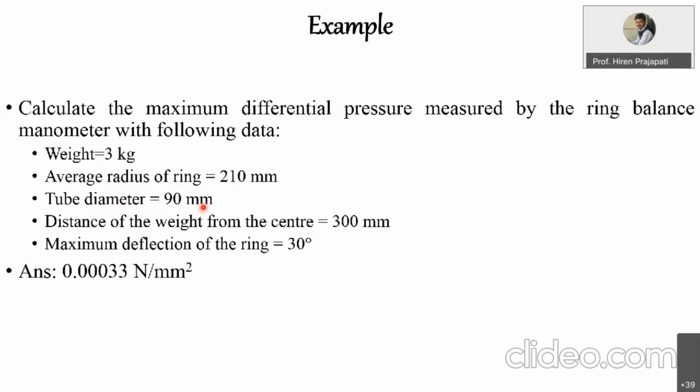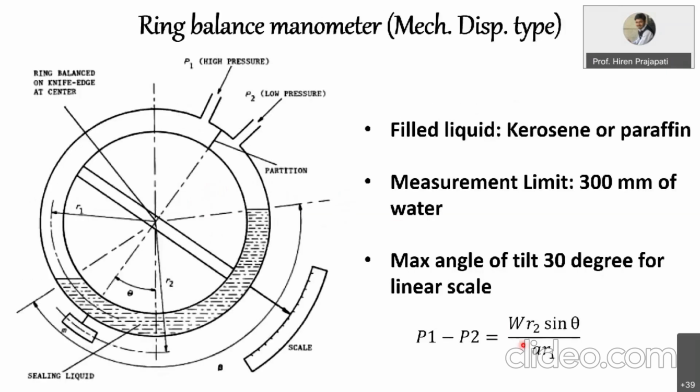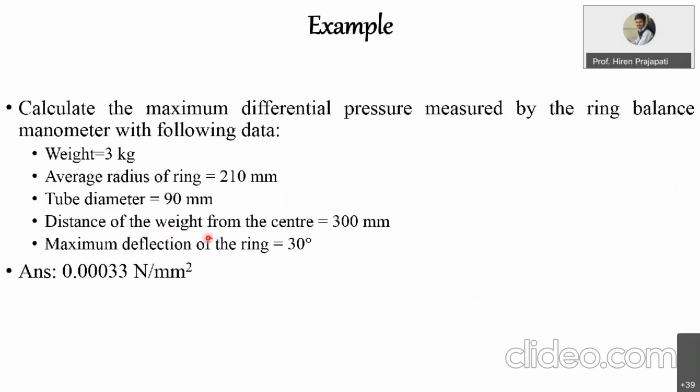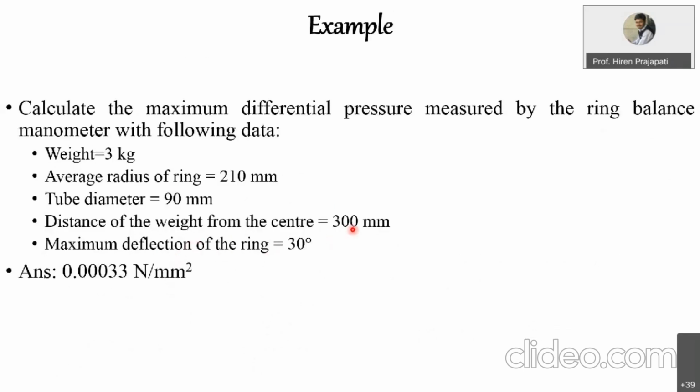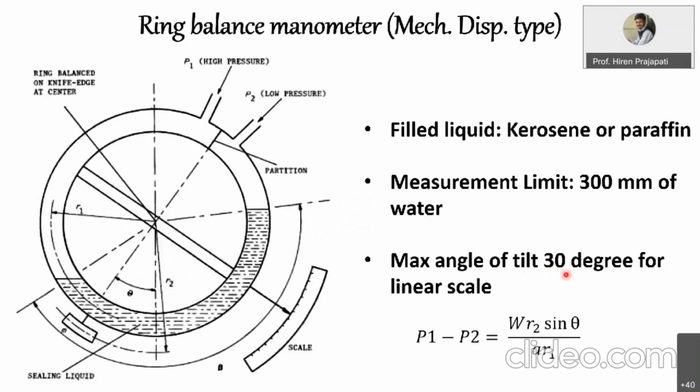This is to be used in this equation, small a, right? The distance of the weight from the center is this distance, R2, which is 300 mm, and the maximum deflection of the ring is 30 degrees, the theta which you allow as per the specification.